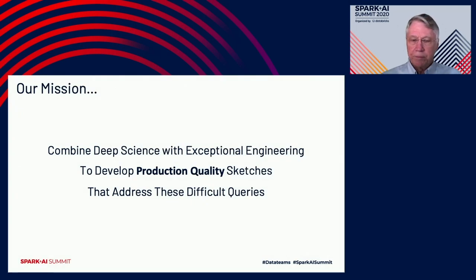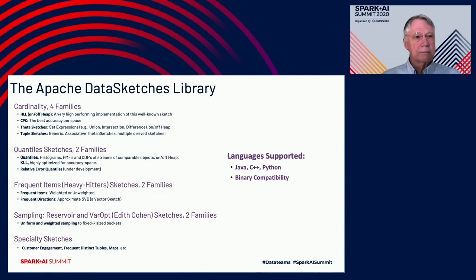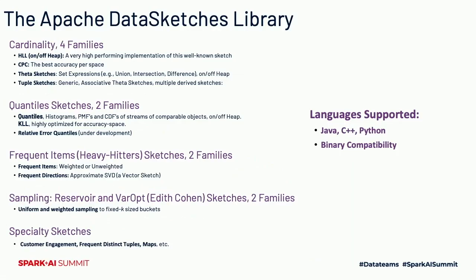Our mission for our project is to combine deep science with exceptional engineering and to develop production quality sketches that address these difficult queries. The Apache DataSketches library has 5 or so major families of different types of sketches.